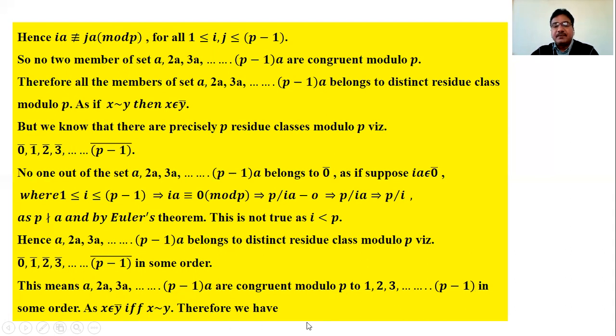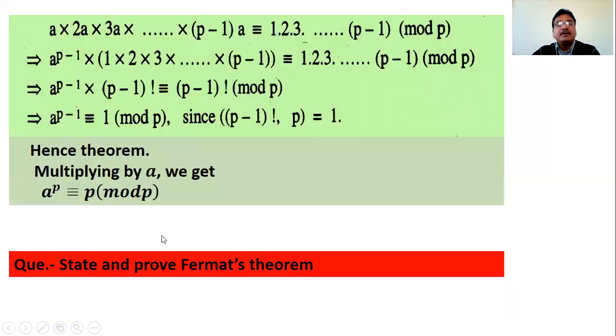And therefore, by using the theorem that if A is congruent to B modulo N and C is congruent to D modulo N, then AC is congruent to BD modulo N, we have A into 2A into 3A up to P minus 1 times A is congruent to 1 into 2 into 3 up to P minus 1 modulo P.